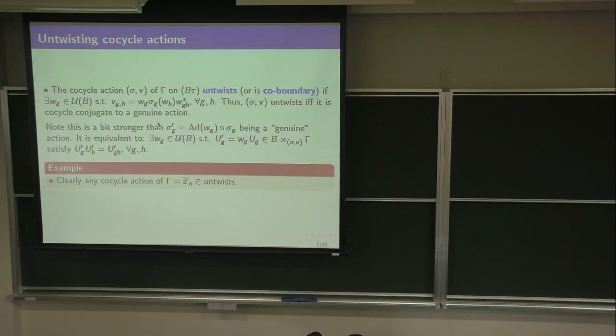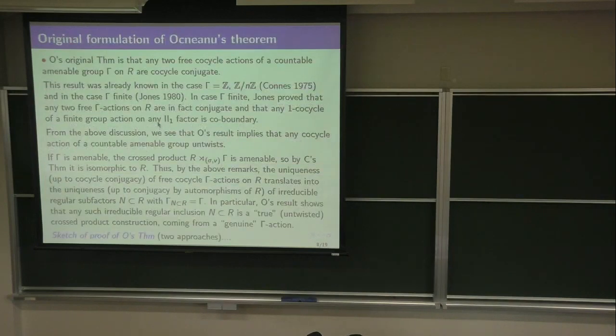It may make you think that it's specific for amenable groups, this untwisting of two cocycles. Well, it's not. There is one very non-amenable group for which you have no two cocycles in some sense. Okay, I think we were more or less here.